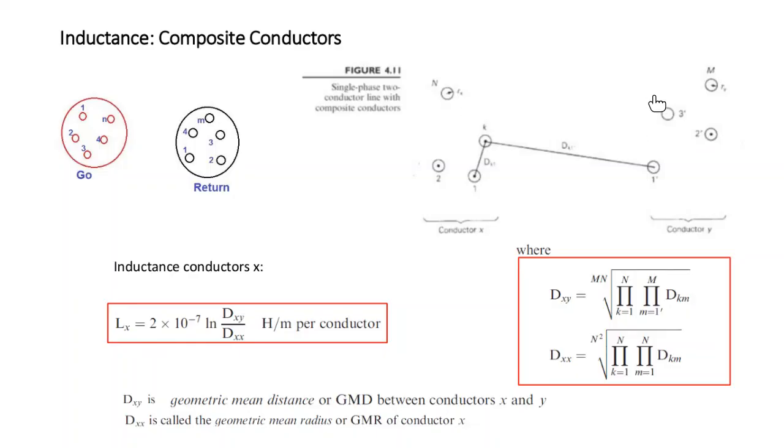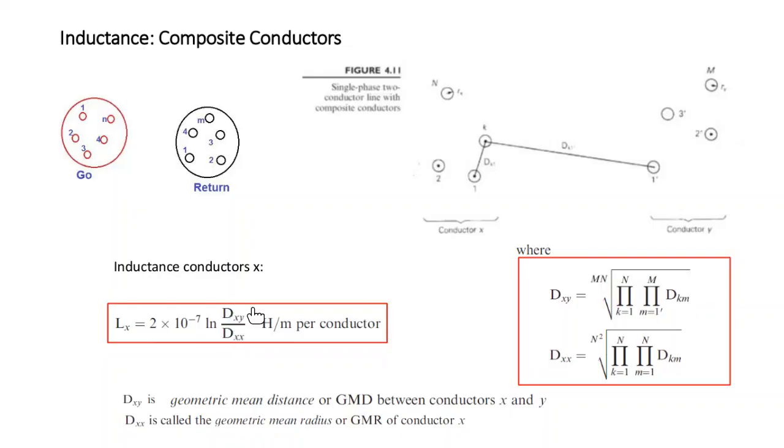Now, talking about subconductors inside one conductor, conductor X consists of a number of subconductors, conductor Y also of M subconductors. So the formula to find the inductance is simply: L of X, the inductance of conductor X, is 2 times 10 to the power of -7 natural log of Dxy over Dxx. We already had this before.